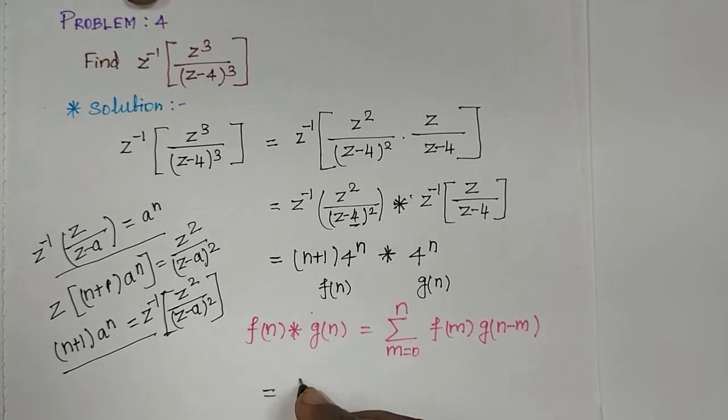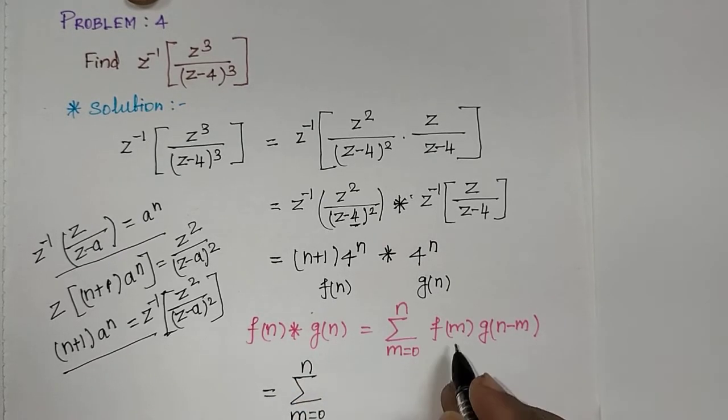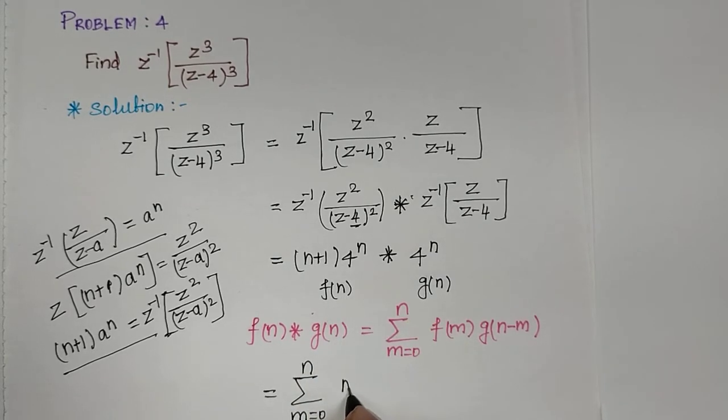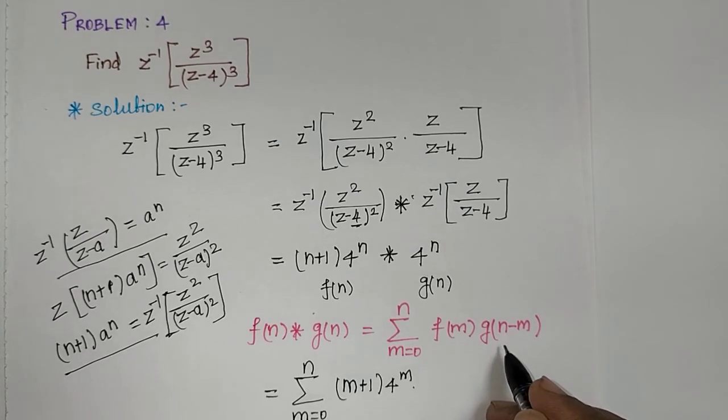I am writing the sum of m equal to 0 to n and f of m. So in the first function f of n, I am going to replace n by m. So I am writing m plus 1, 4 power m, into the second function, n replaced by n minus m.